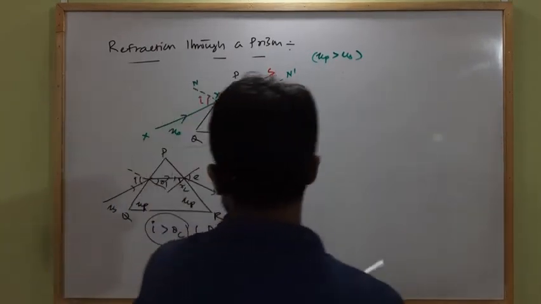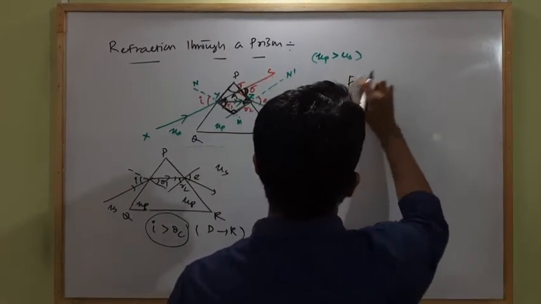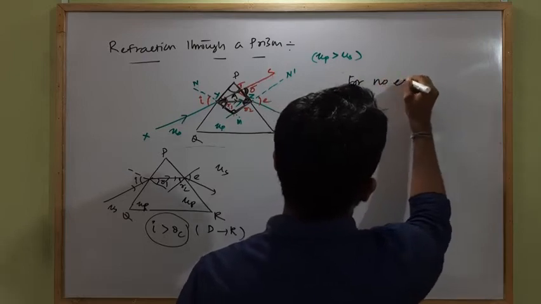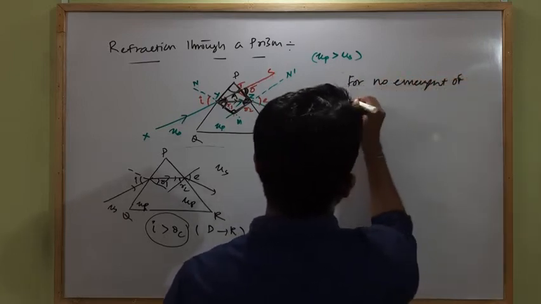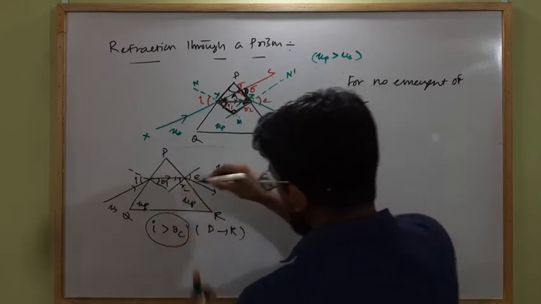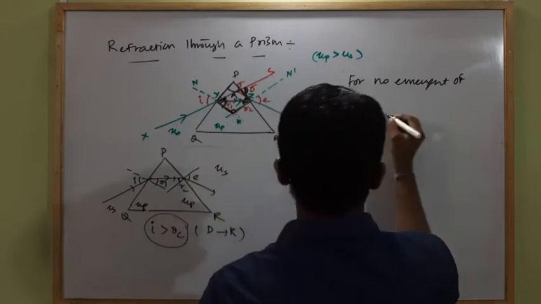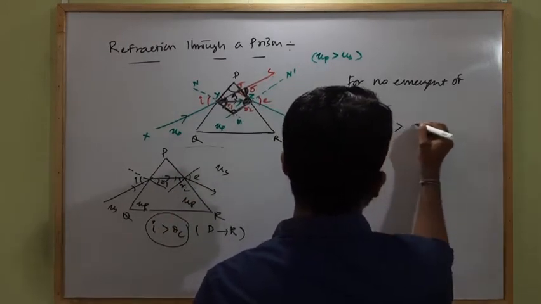so here we can write, for no emergence of light, if there will be no emergence of the light, it will always remain within the prism. That means the minimum value of R2 must be greater than what?